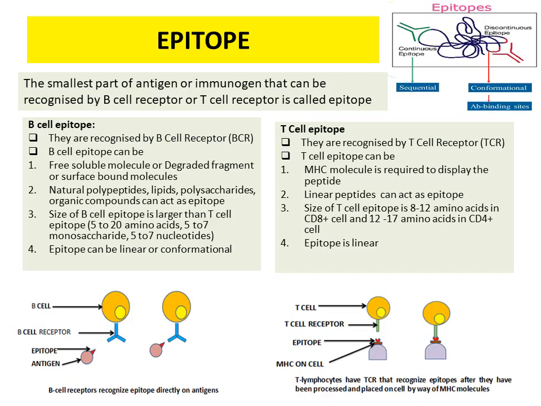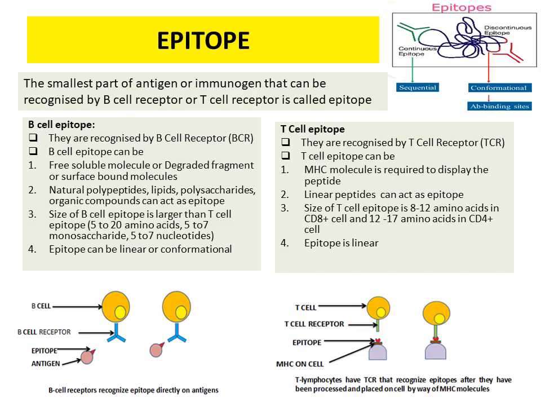Now coming to the T cell epitope. The T cell epitope is recognized by the TCR, that is the T cell receptor, right? So the TCR is present on the T cells. As you know, T cells are of two types, CD8 and CD4. So the T cell epitope is always a linear peptide. It is always a peptide, very important, right? And secondly, an MHC molecule is required to display this peptide.